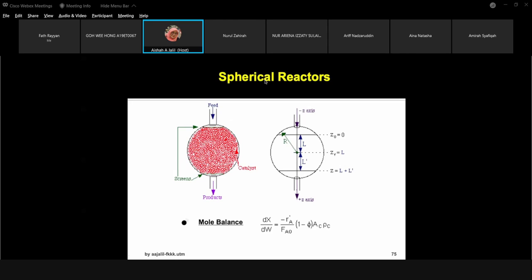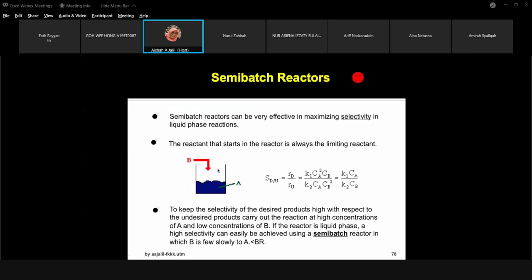Design projects usually also use spherical reactors, so you can refer to your textbook or this one if you want to study about spherical reactors. Usually in industry, especially for gas storage, they will use spherical reactors to get the optimum pressure. So you can search this one from your CRE textbook. We do not study about this one.